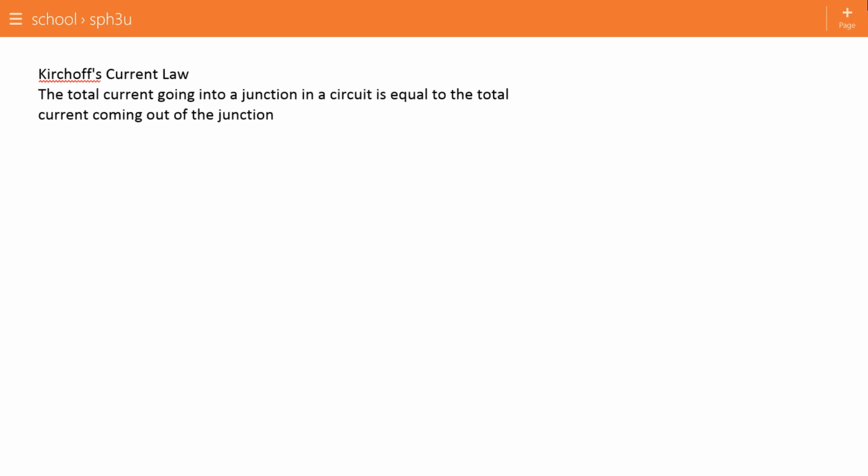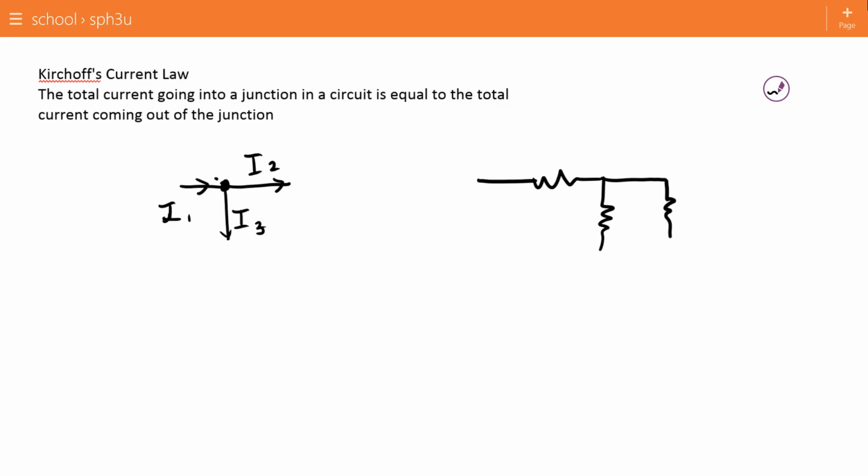Kirchhoff's current law, on the other hand, says that the amount of current going into a junction in a circuit is going to be equal to the amount of current coming out of a junction in a circuit. So in this case, we can see a junction in a circuit. This could be a junction that looks like this, similar to the measuring video here, where this is I1, this is I2, and this is I3.